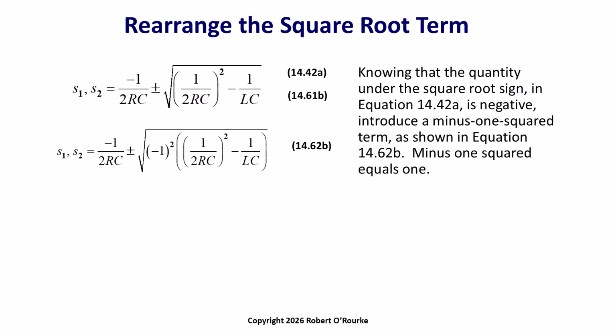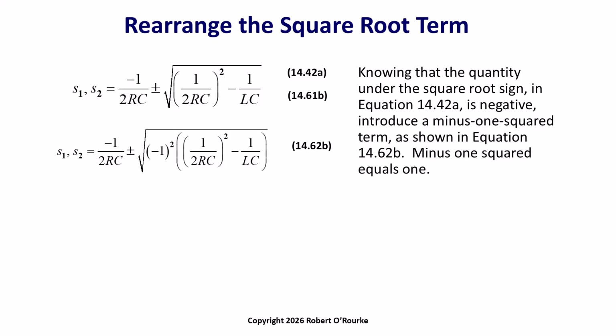Next, we're going to manipulate equation 14.42a into a form better suited for our solution function. First, let's make the complex nature explicit. Underneath the square root sign in equation 14.42a, introduce a minus 1 squared term to obtain equation 14.62b.